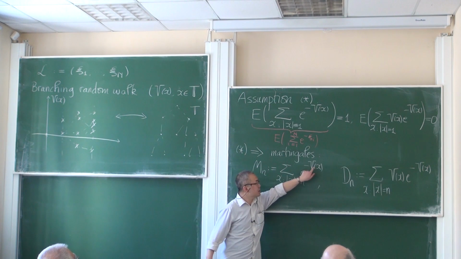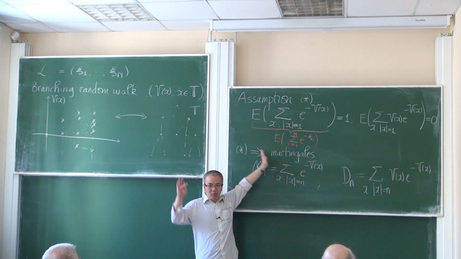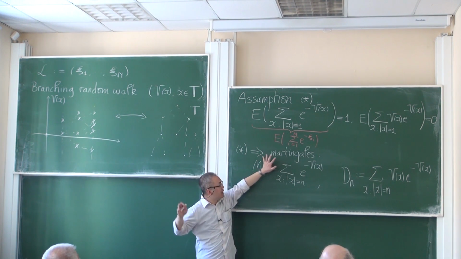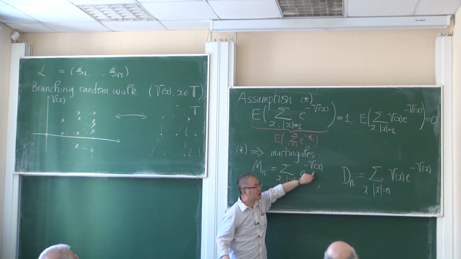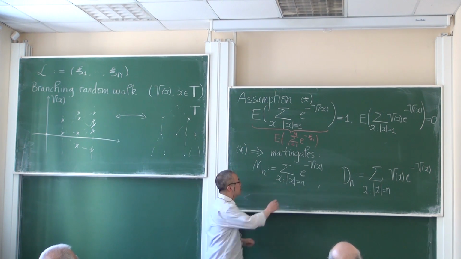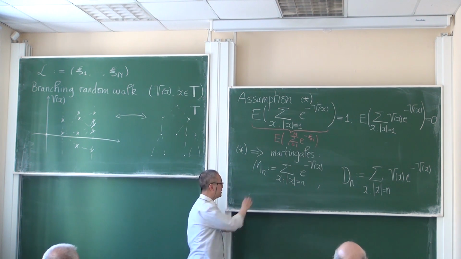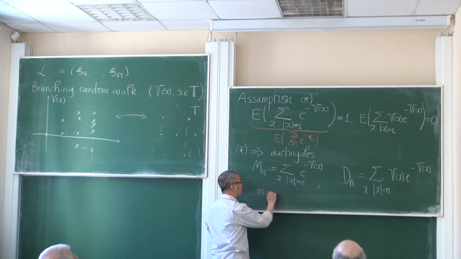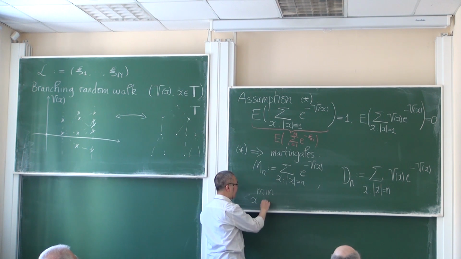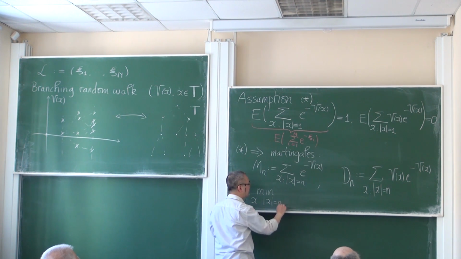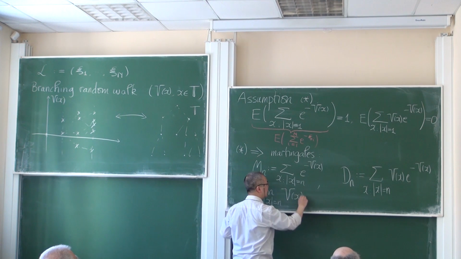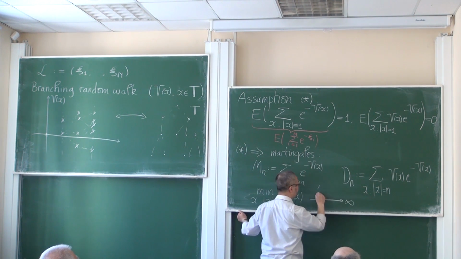So this is a non-negative martingale, so we know that it converges automatically. In particular, this goes to 0, which means that V of x goes to infinity uniformly. So if I look at the minimum position in the nth generation, I know that it goes to infinity almost surely.